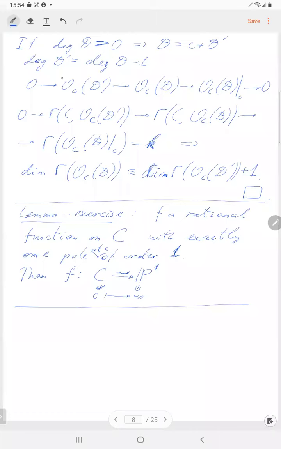Mark, can you explain it? Not really, not now. Okay, and Altan? I think we have here a ramified covering, as you explained. Yes.